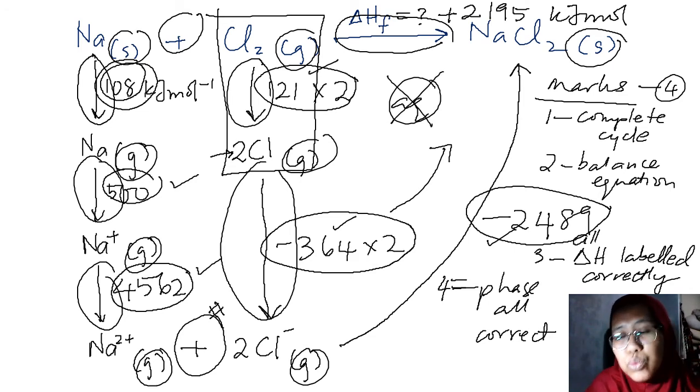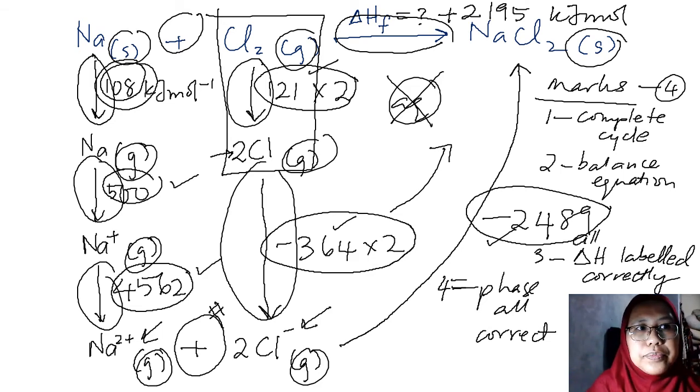But for students who study last minute, who study in the first lesson and then didn't look at it until the night of the final exam, they will put aqueous. Once you put aqueous for this, then you will not get this fourth mark. So as you go along, please make sure that you get all the marks completed.